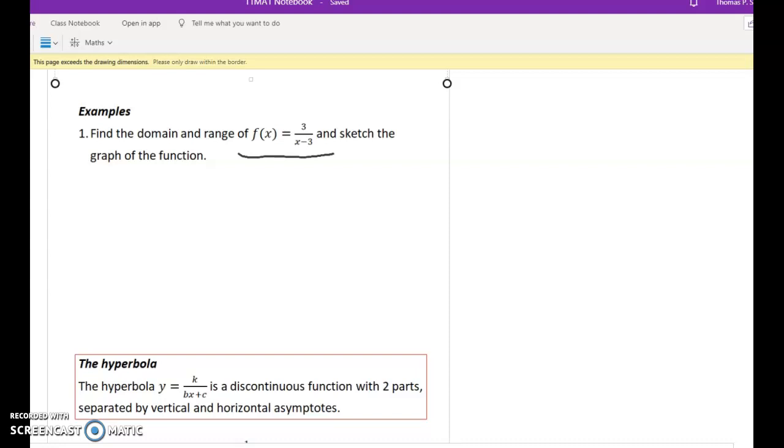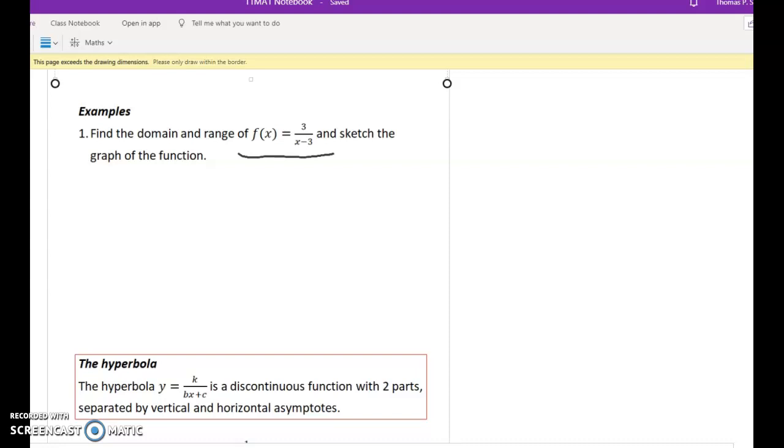Because if you think about what x values or where in the domain it couldn't be at x equals 3, because if you put a 3 where the x is, you'd get 0 on the denominator, which we can't have.